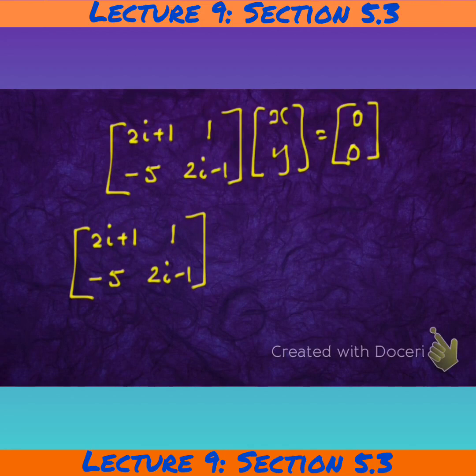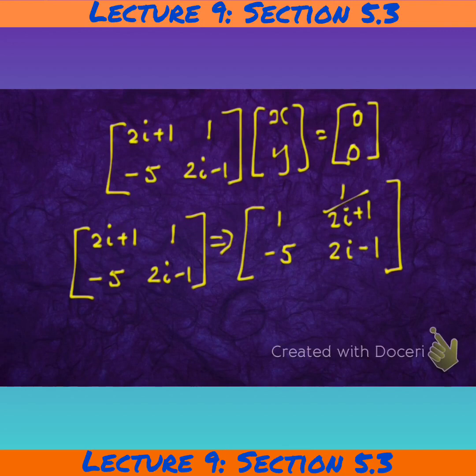Now that matrix reduces to this. Can we simplify that? We can simplify it by multiplying the denominator with the conjugate. So the conjugate in that case is going to be minus 2i plus 1.